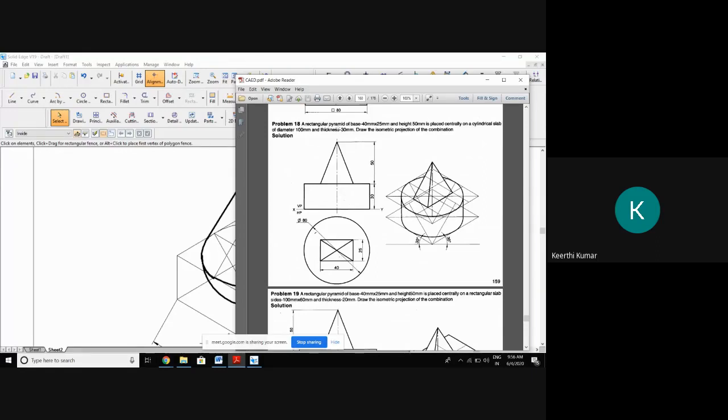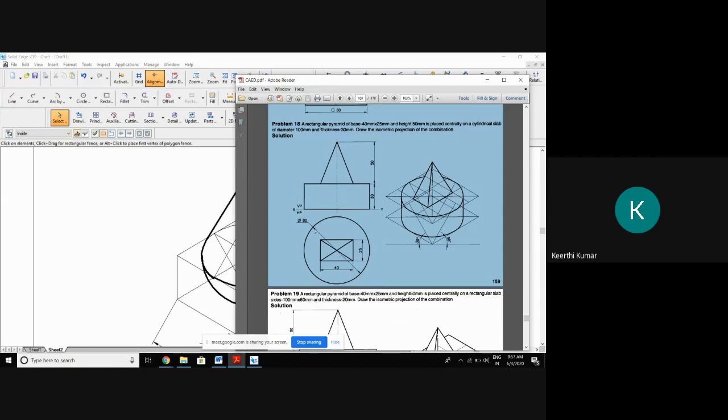A rectangular pyramid of base 14 to 25 mm sides, height 50 mm, is placed centrally on a cylindrical slab of diameter 100, thickness 30. Understand, this is a pyramid, not a prism. From all the base corners, if I draw the lines, they have to connect to the vertex. Draw the isometric projection.